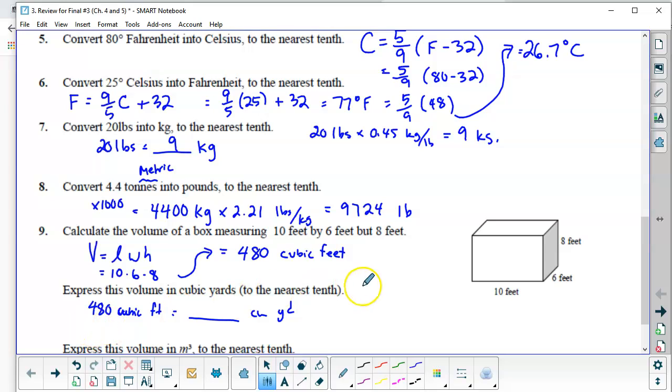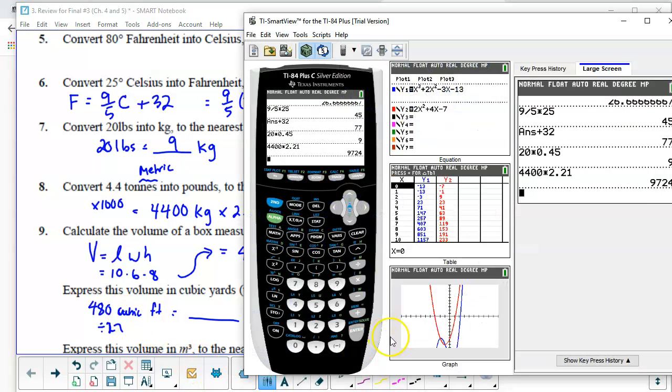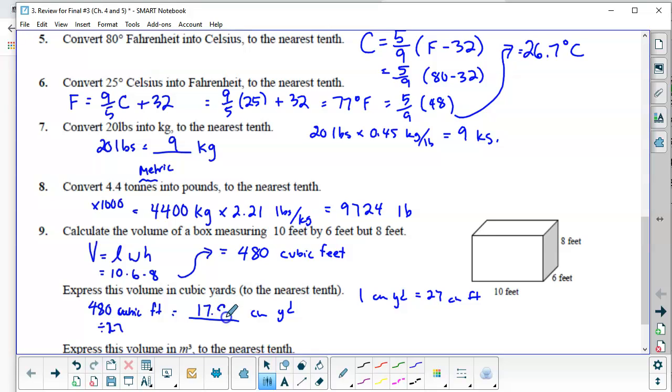Right, so 1 cubic yard equals 27 cubic feet. It doesn't give the conversion the other way, so that means we're going to need to divide by 27 here. Because a cubic yard is bigger than a cubic foot, so our numbers have to be smaller. So 480 divided by 27 is 17.8.